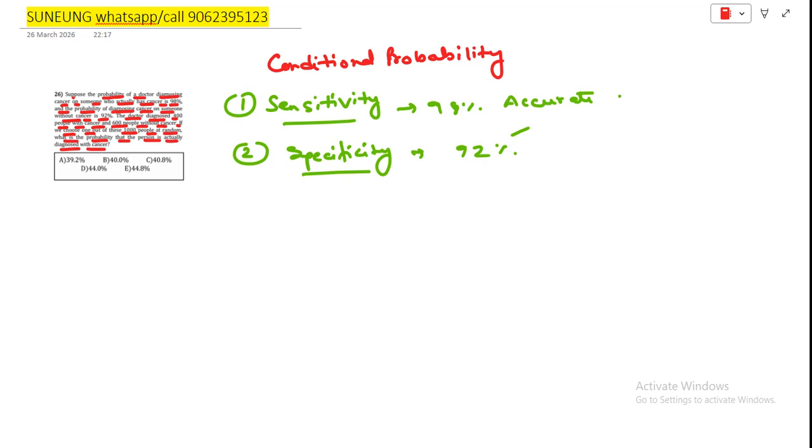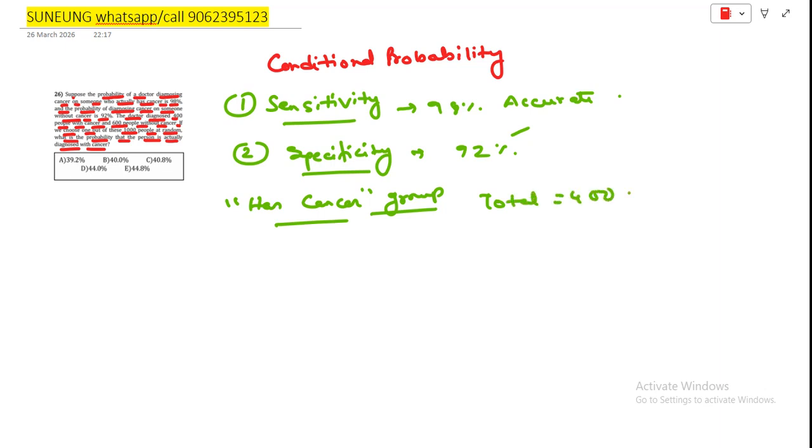Now first, the has cancer group. Total people who actually have cancer is 400.